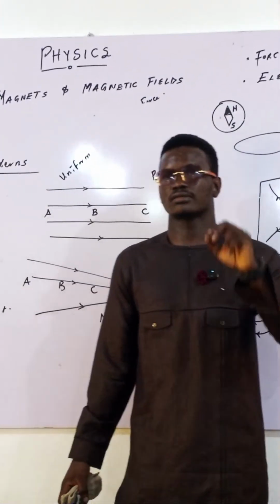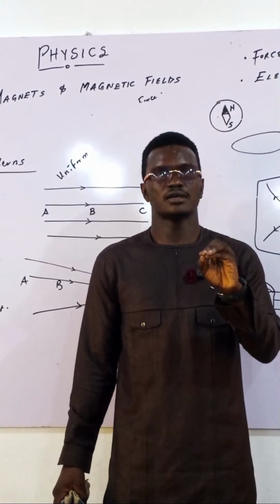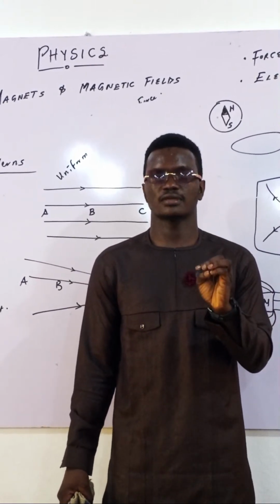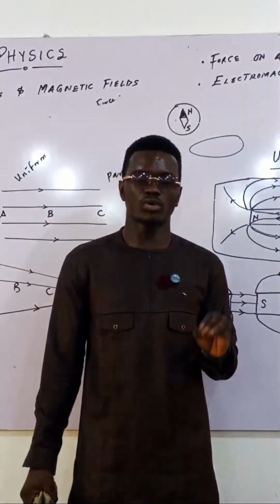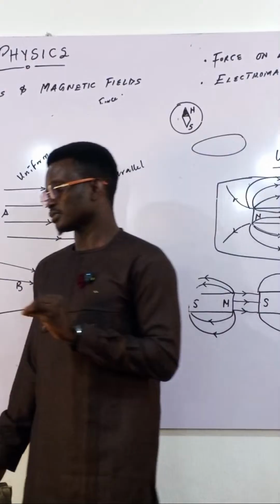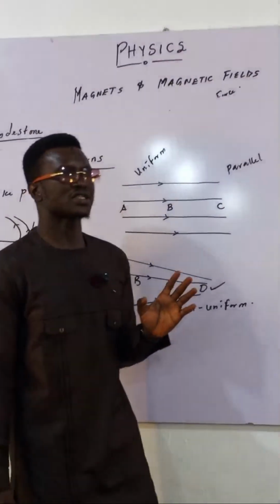Now, number what? Magnets always exist as a dipole. A magnet always exists as a dipole, D-I-P-O-L-E.